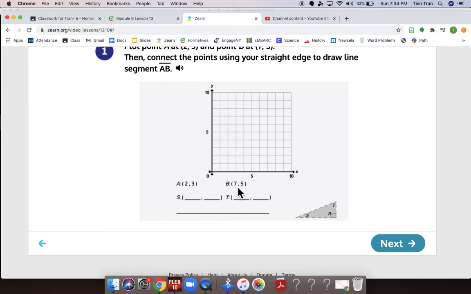And then for point B, I have 7. 1, 2, 3, 4, 5, 6, 7. I'm moving first on the x-axis because x comes before y. And then I'm moving up 5. 1, 2, 3, 4, 5. So that's where B would be.